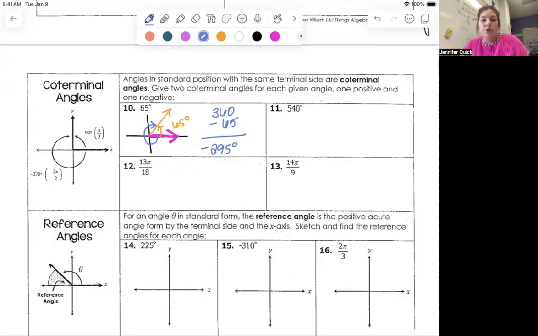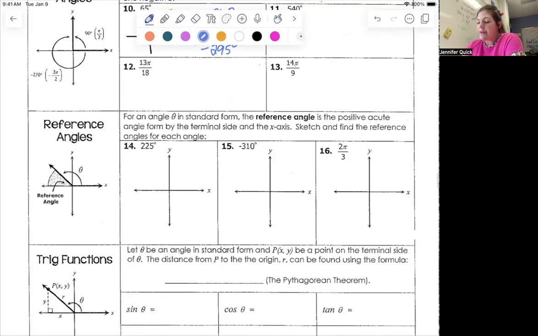Let's go to a reference angle. Okay. So a reference angle is an angle that is a positive acute angle formed by the terminal side and the closest x-axis. Okay. So for instance, if I have an x-axis initial side right here, and I graph 225, let's say this is 90, that's 180, this is 270, so it's got to be somewhere kind of in the middle.